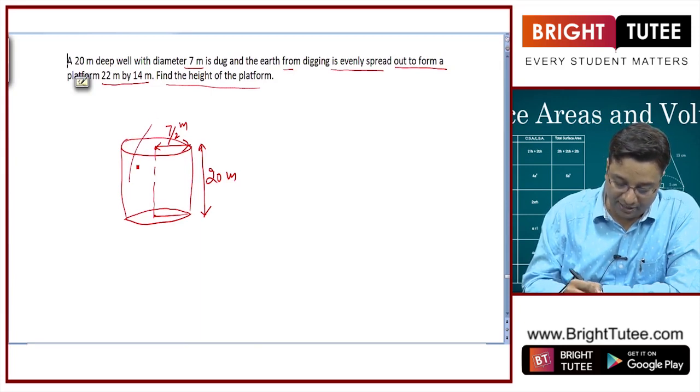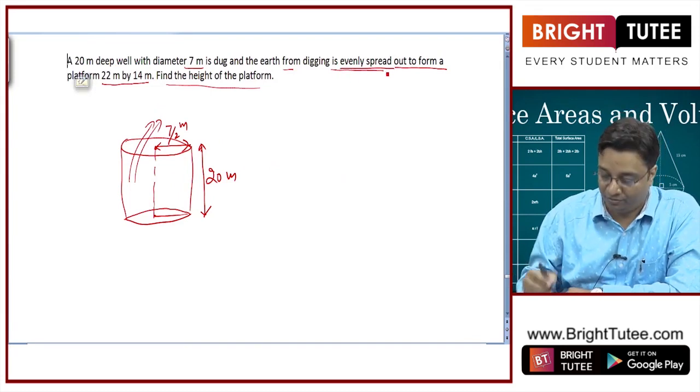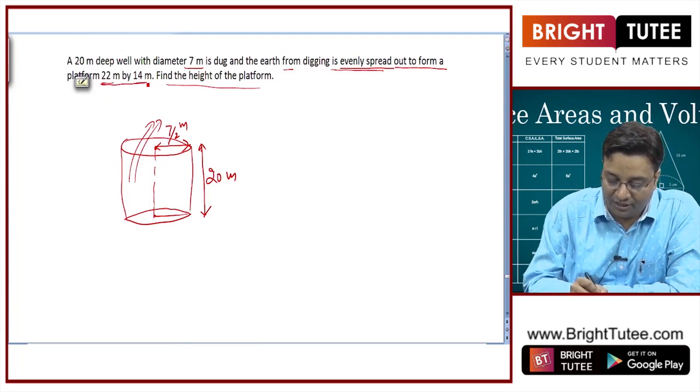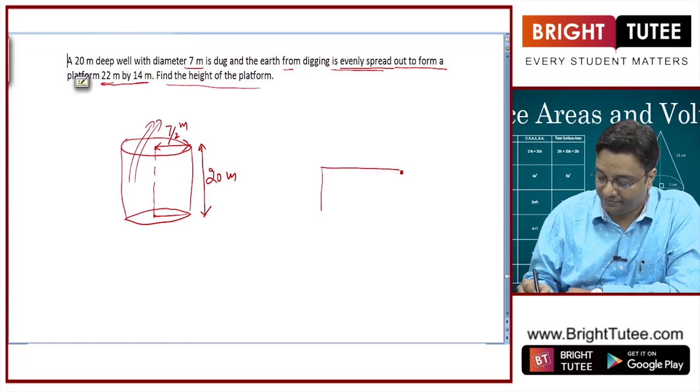So the earth is taken out from it and it is evenly spread out to form a platform, and 2 dimensions are given, 22 meter by 14 meter. We need to find the height. So it is cuboidal in shape, right?